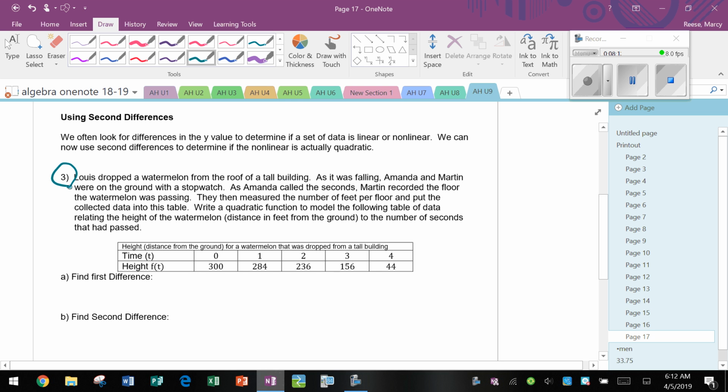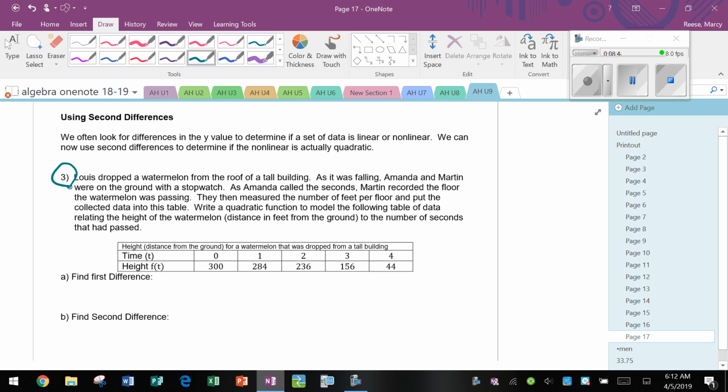So take a minute and read that. Okay. Exactly what we wanted to do was to drop some watermelons, right? And that's what you guys do in your free time, I'm sure.